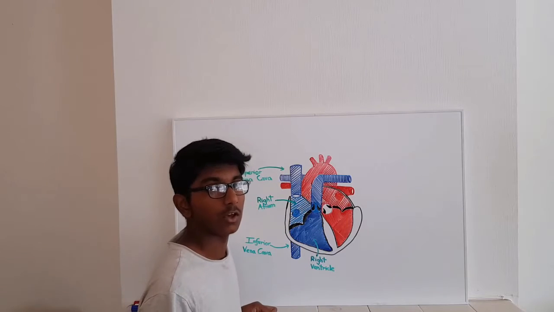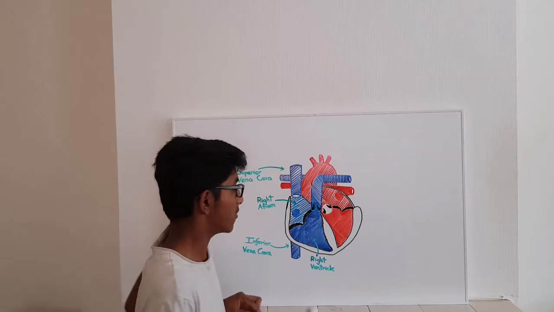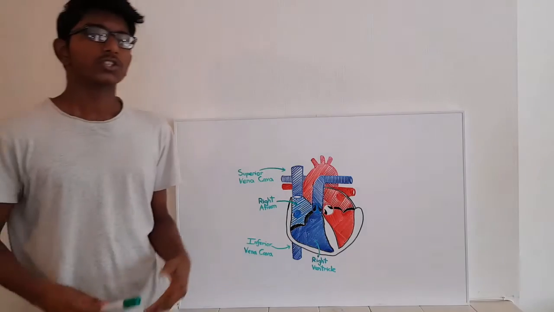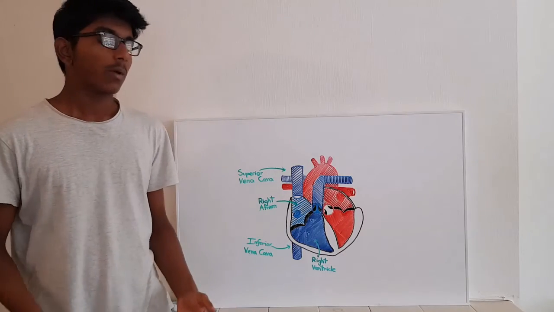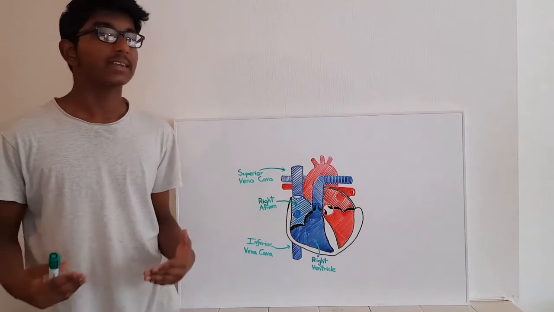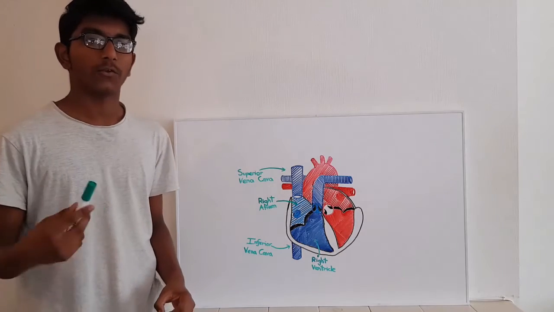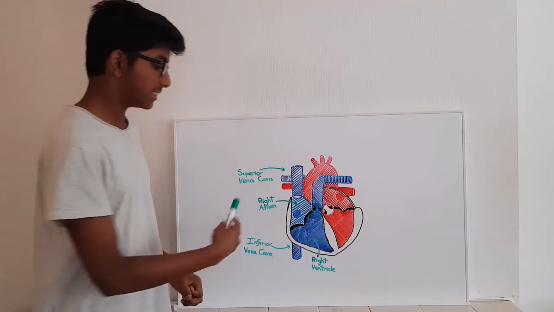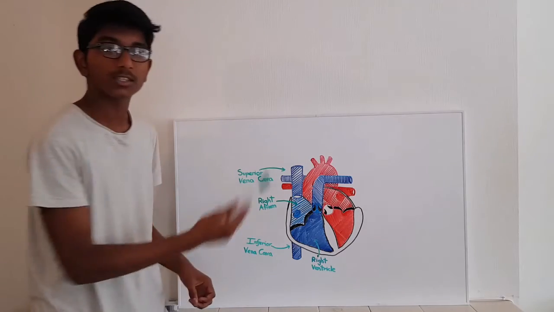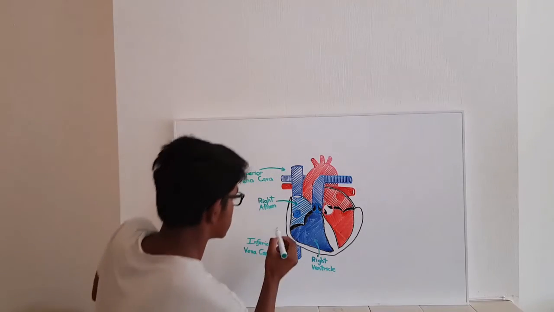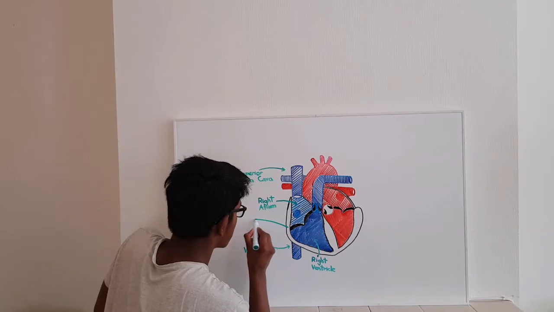But in doing so, it has to pass through a valve. So what is a valve? Well, a valve is a little mechanism really that is present to prevent the backward flow of blood. So in this case, the tricuspid valve, that's what it's called. Let me just write that down.